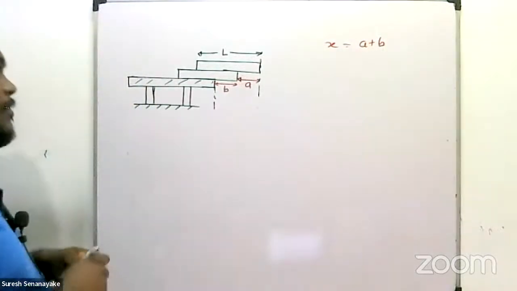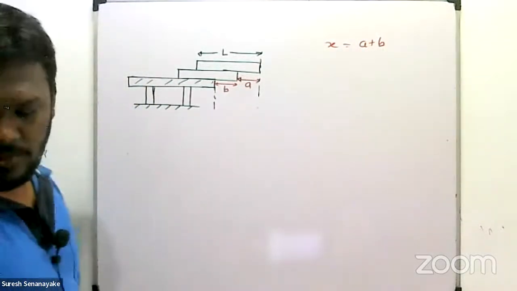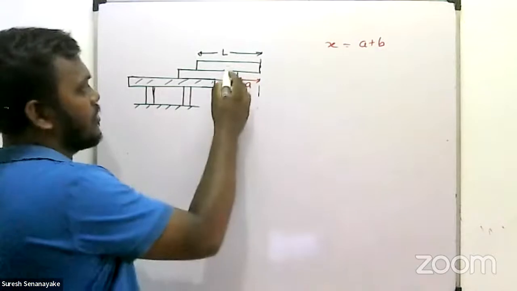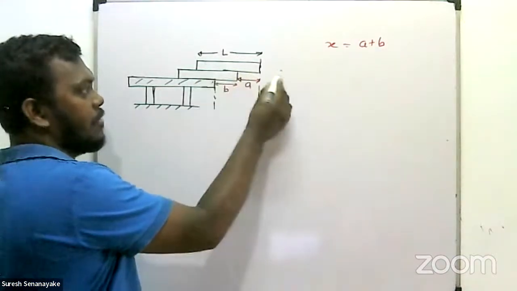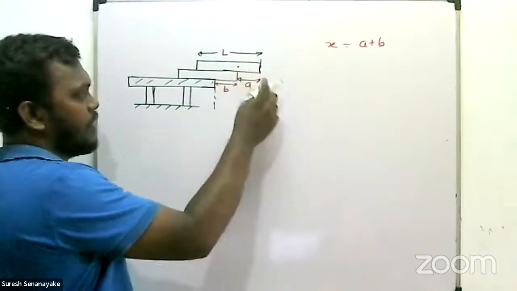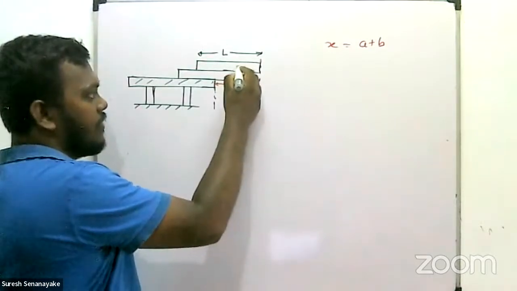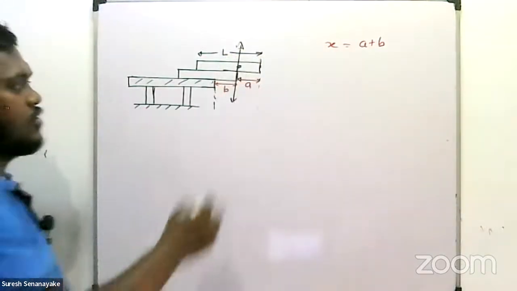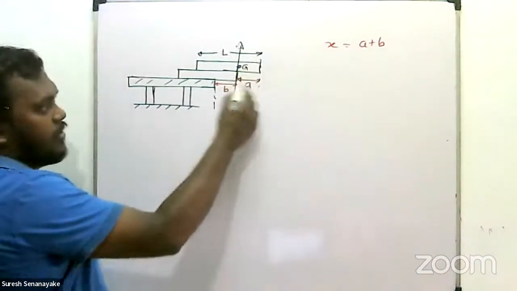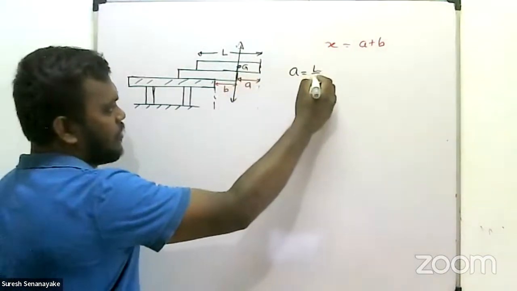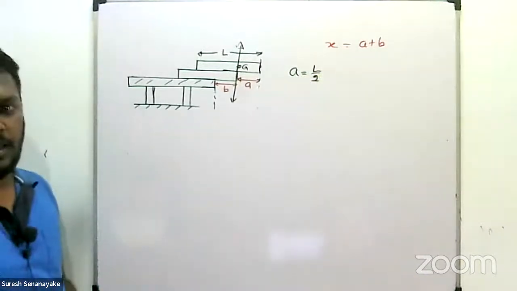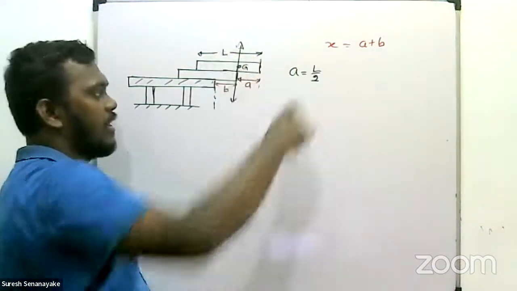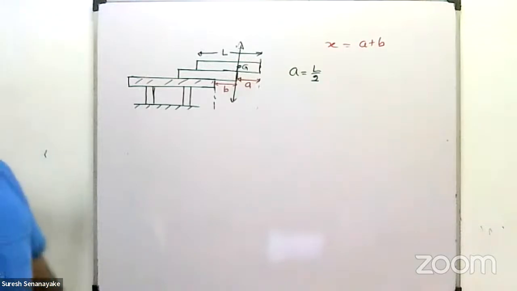We know that for the limiting equilibrium of the upper block on the second block, it can take out a maximum of half of its length. So the center of gravity of the upper body should act at the edge. Then A equals L over 2, half of the length of the upper body, as the limiting equilibrium.